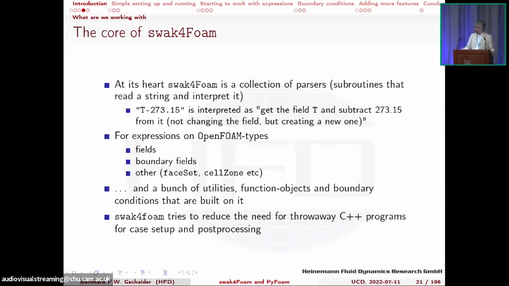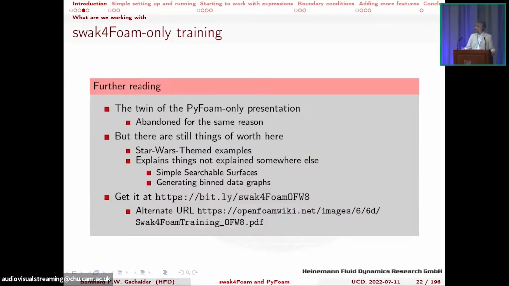And in swak4Foam, you can have these expressions on fields, on boundary fields, and on a couple of other things like face sets, face zones, cell zones, even Lagrangian particles. And there's a bunch of utilities, function objects, and boundary conditions that are based on these. And I will show you those that cover, in my opinion, 90% of the use cases, but there's a lot of them.